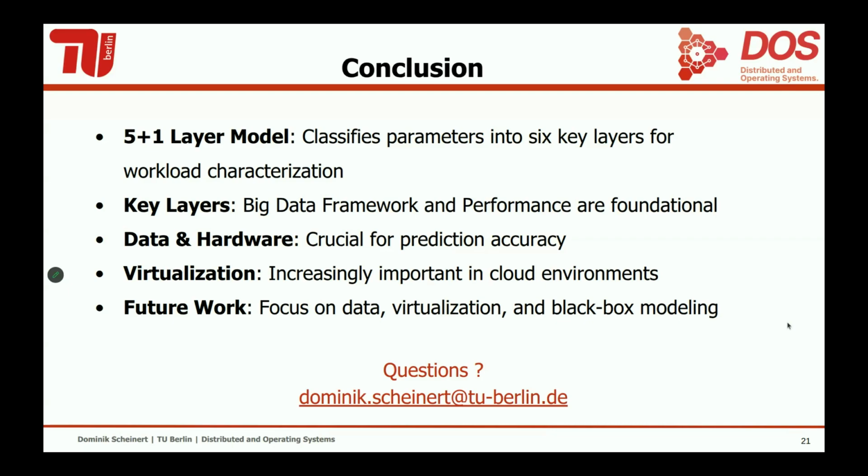We see that, especially for hardware and data, they are quite crucial for prediction accuracy. And also, as I said multiple times now, virtualization is increasingly important because more and more workloads are being shifted to cloud environments or managed cloud environments.